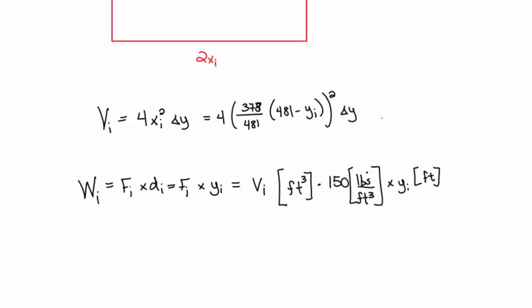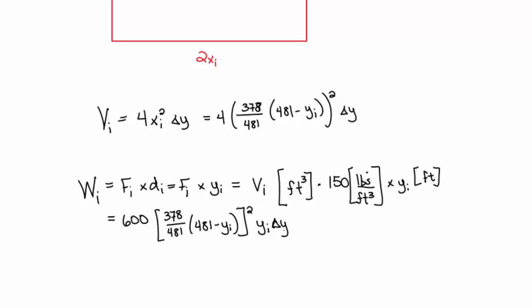So that is actually a work. Let's go ahead and insert the V sub i here. So remember, it's 150 times V sub i, so that 4 is going to multiply that to become 600. We have some quantity 378 over 481 times 481 minus y sub i, quantity squared, and then we have y sub i delta y.